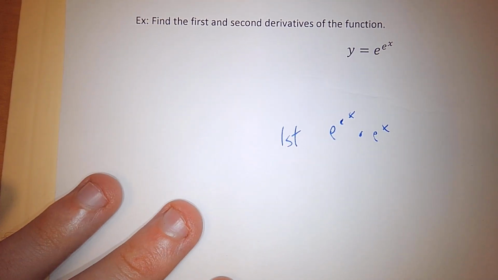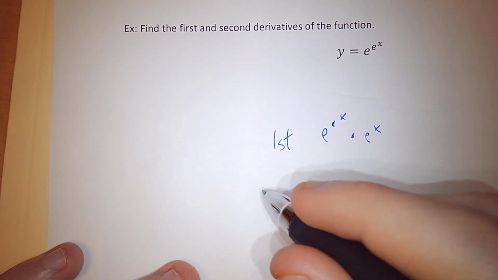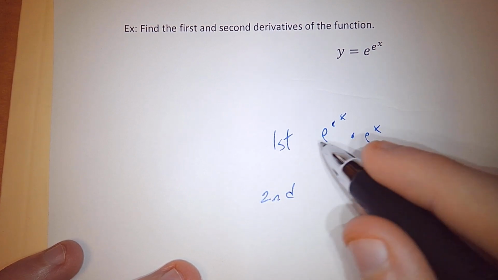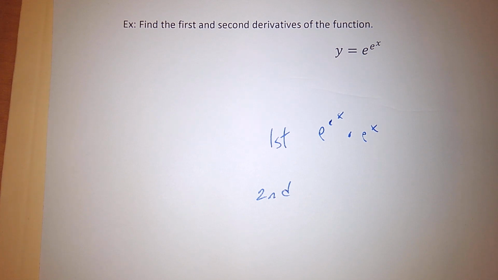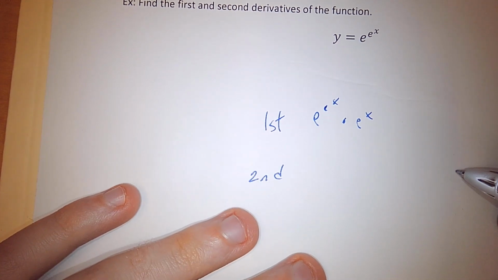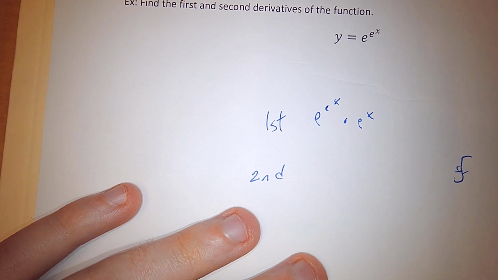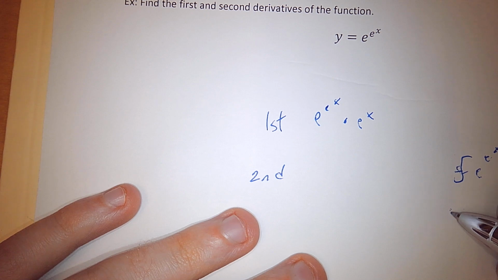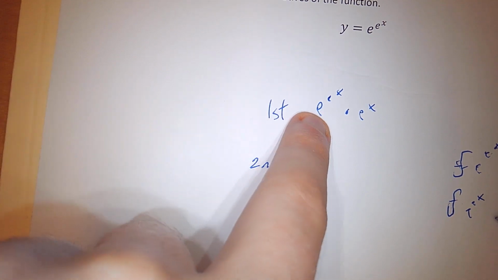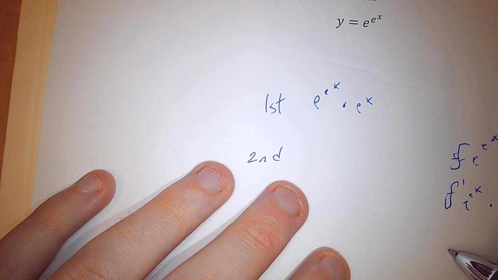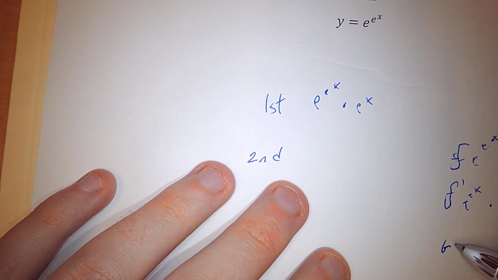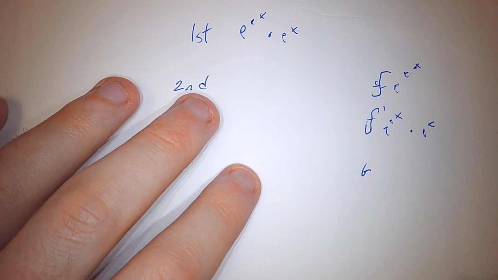The second derivative is a bit more tricky because you have to use the product rule. Whenever I have to use the product rule, I find it useful to write my f and f prime and g and g prime. So f is e to the x, and then f prime is e to the x, and we just did that, times e to the x.